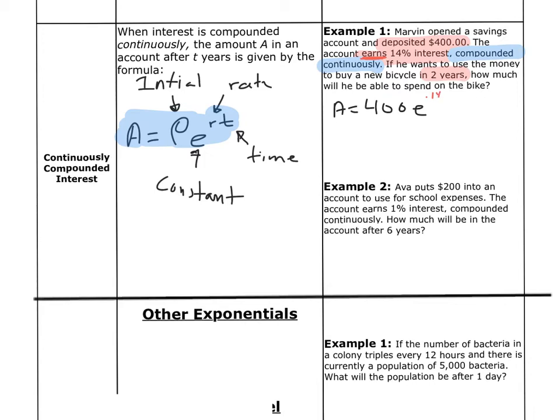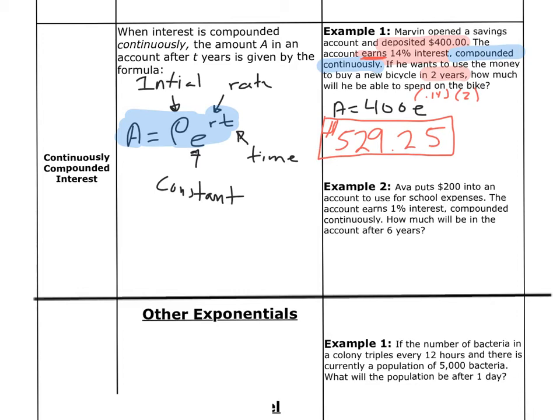And then, of course, the time is 2 years. We just plug that into the calculator, and you should end up getting $529.25. So it gains interest. $529.25 is the official amount of how much he will be able to spend on the bike.